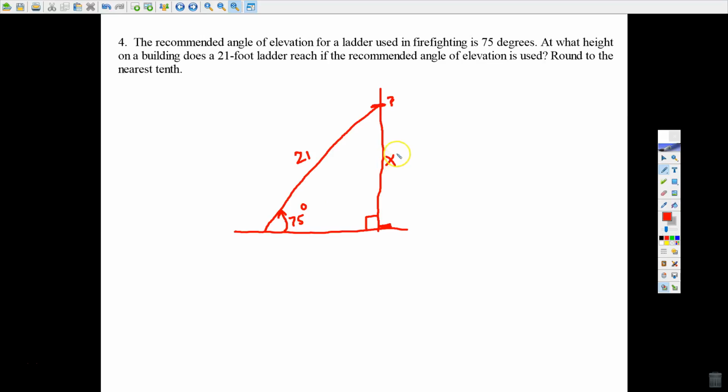We're trying to find the opposite side for that angle. We know the hypotenuse of the right triangle. All right, so remember, the ratio of opposite over hypotenuse is sine. So sine 75 is equal to the opposite side divided by the hypotenuse. So to solve for x, I'm going to multiply by 21 on both sides.